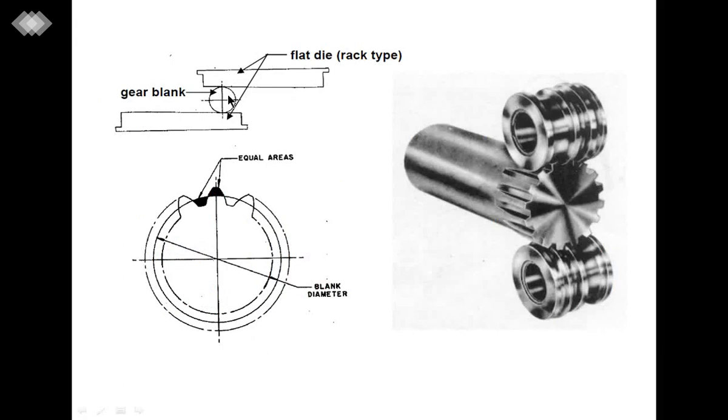The gear blank or the gear workpiece is mounted in between these flat dies. So the actual view or the actual mechanism is explained in this diagram. There is an upper roll and a lower roll, and between this upper roll and the lower roll, the gear blank or the workpiece is engaged in the gap between the upper and lower roller dies.